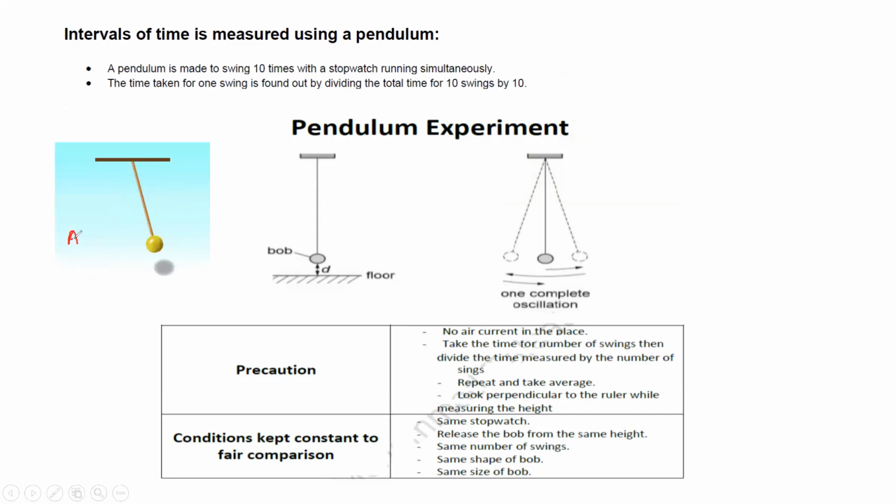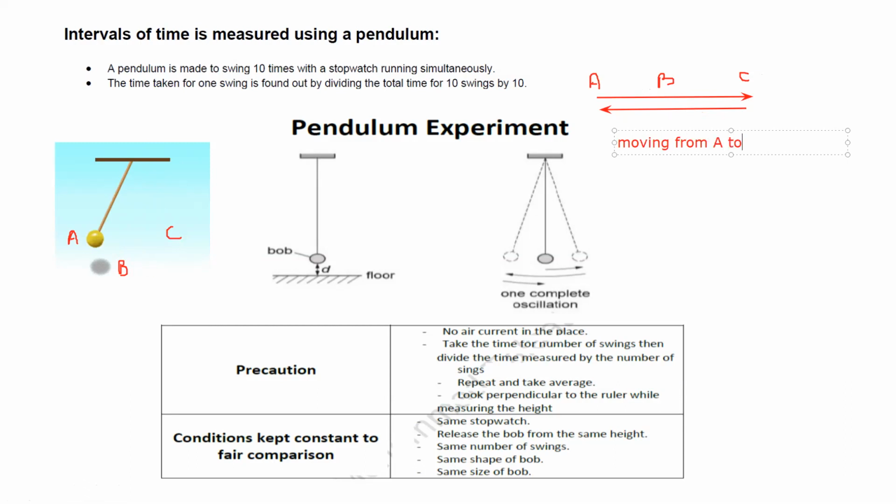If I label the positions, this is position A, the center is position B, and this is position C. The pendulum goes from A to B and then B to C, and from C it returns back to B and then to A. Going from A to C and returning back is called one oscillation, or you can also say one vibration.